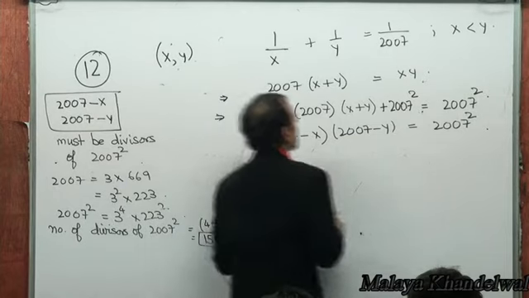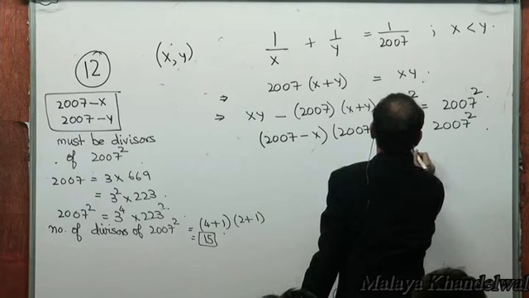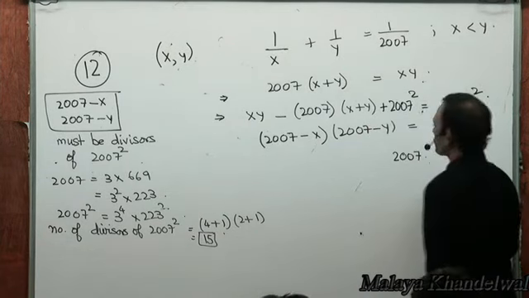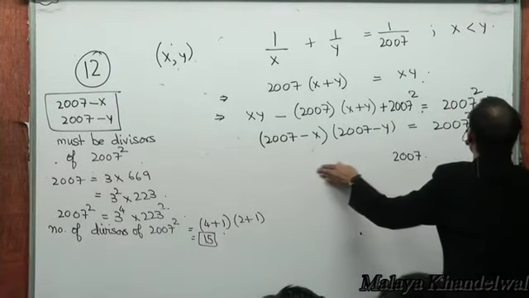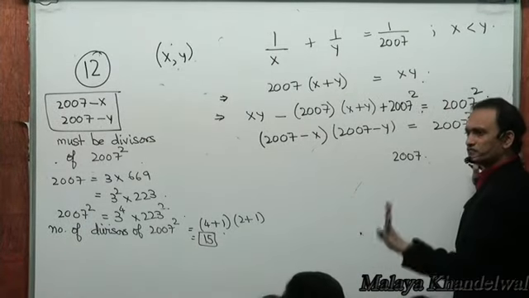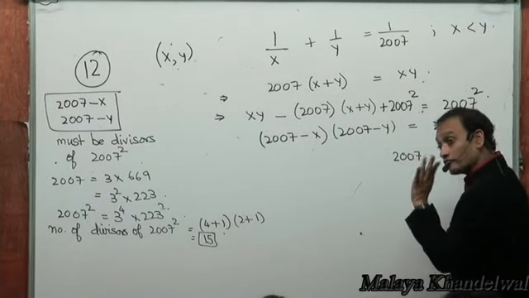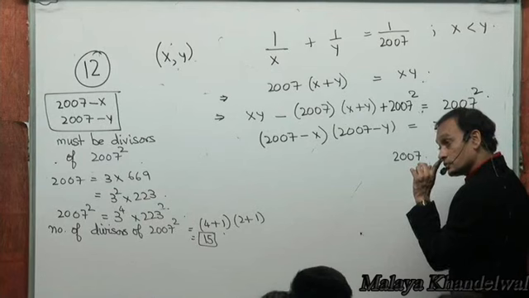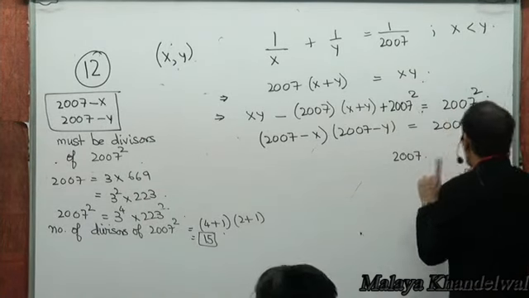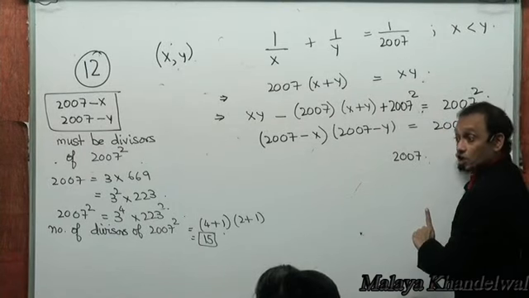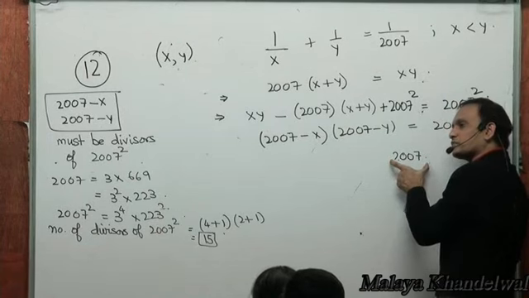In my scheme of things, when I start to elaborate on factors of 2007 squared, there are 15 factors in all, of which 2007 is one factor. Yes or no? Because this is a perfect square, 2007 is one of the factors which is a perfect square.